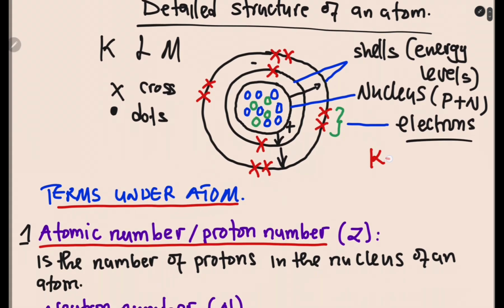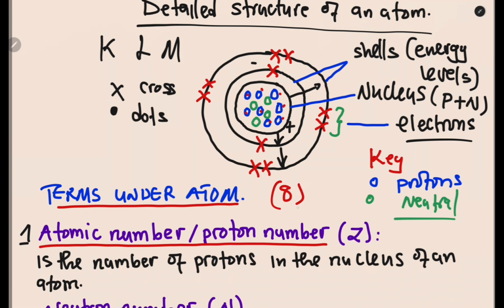Well, let me just put a key here to represent these circles that are blue. I'll say they are protons, and these that are green are neutrons. If we were to count the number of protons, we are going to say 1, 2, 3, 4, 5, 6, 7, 8. So the atomic number is 8.